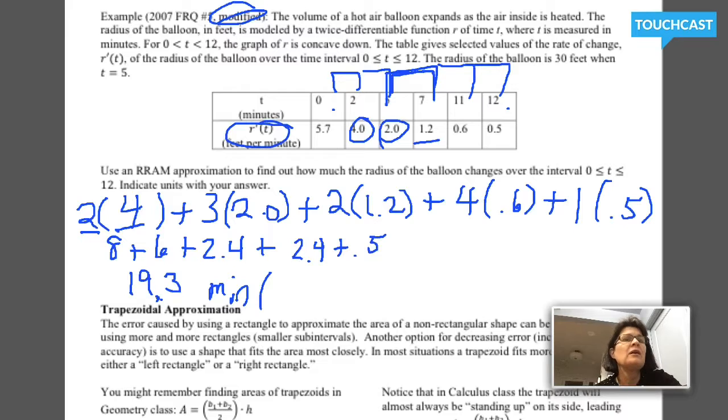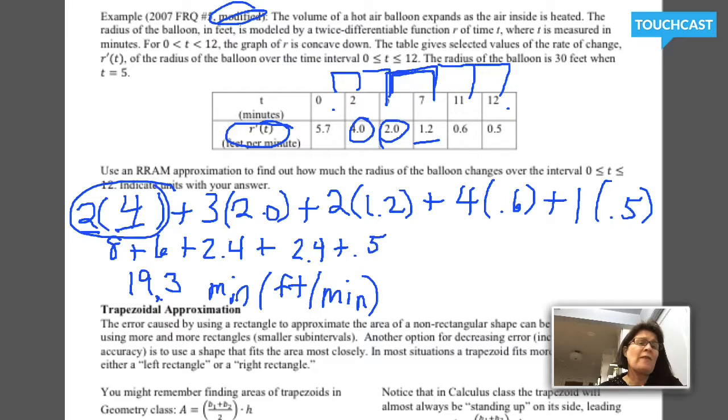What function? R prime. And R prime of t, we've been told, is measured in feet per minute. Now notice I only considered the units on that first rectangle, but I'm not going to be able to add up 5 rectangles' areas if those areas don't have the same units.